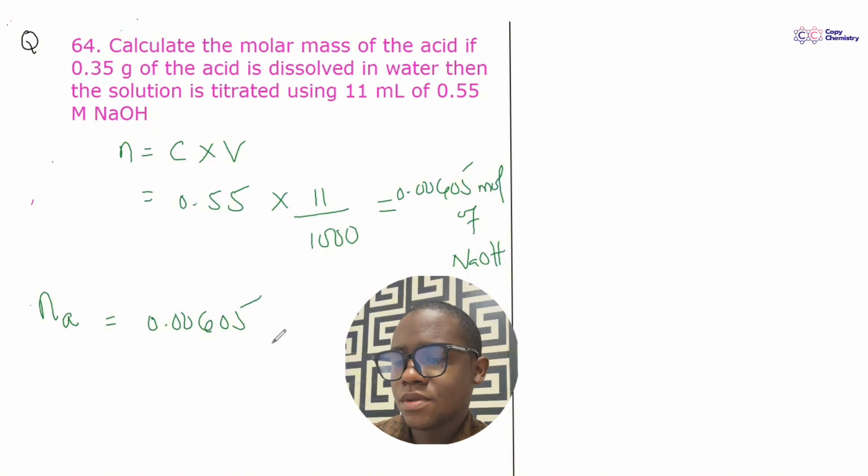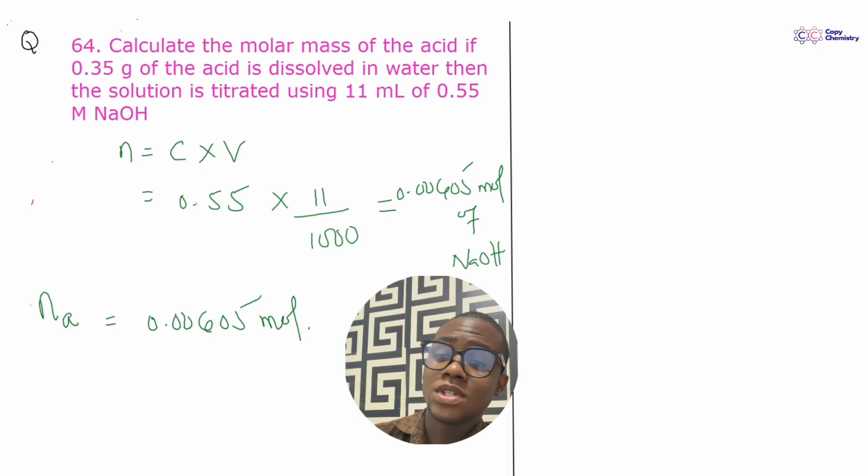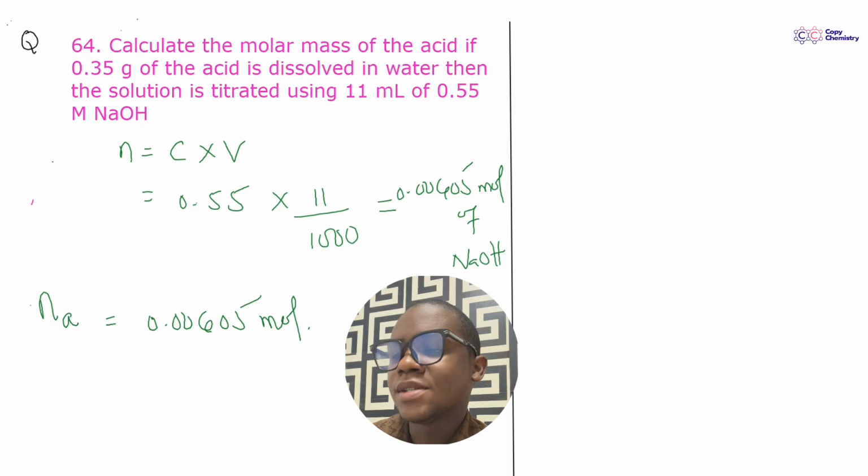So 0.00605 moles of the acid is what was there as well. That alone is really, really important. So the number of moles of the acid has been gotten now.